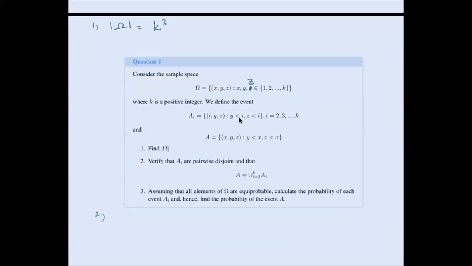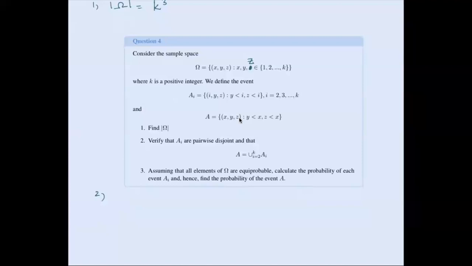Stop me if you have any question. The next one, I want to verify that the A_i are pairwise disjoint, and that the union is just A. So let's say we want to look at A_i intersect A_j, for i different from j.